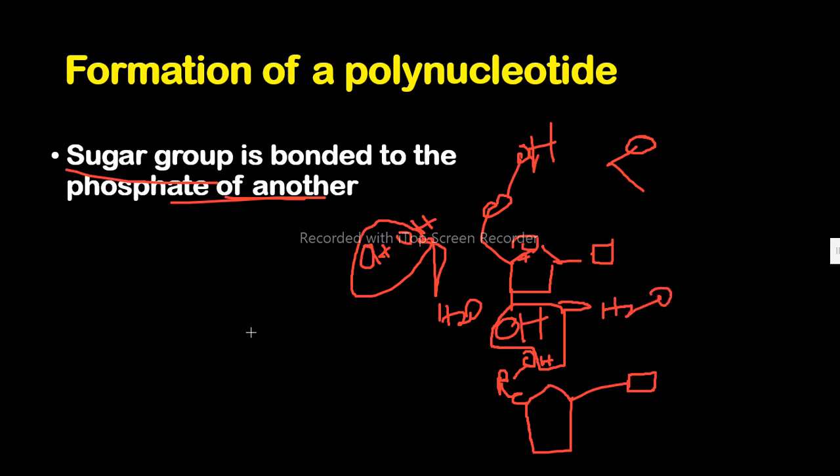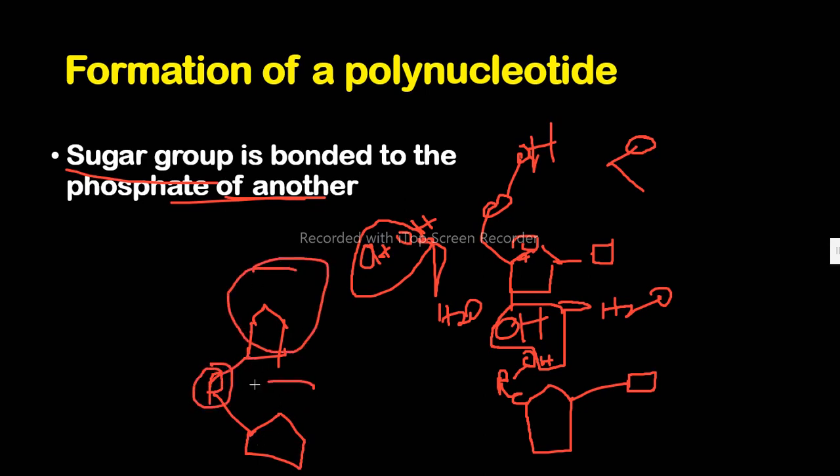The result is two nucleotides that have condensed together with a phosphate sugar backbone. So you have this phosphate that is now binding this nucleotide with this nucleotide.